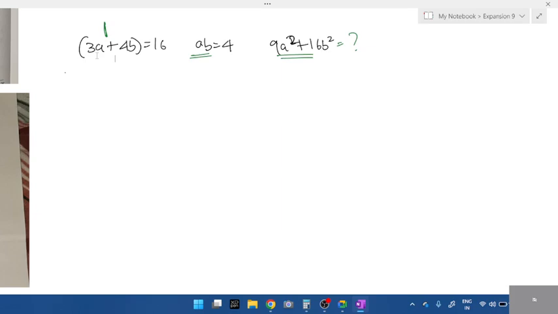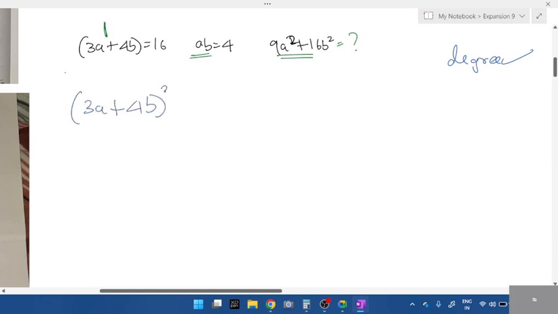Okay, explain again. Yes, everything from the beginning. First, you have to check the degree, 1 to 2, right? Then what do you do? You have to square. Whichever has degree 1, you have to take only the left hand side part and square.